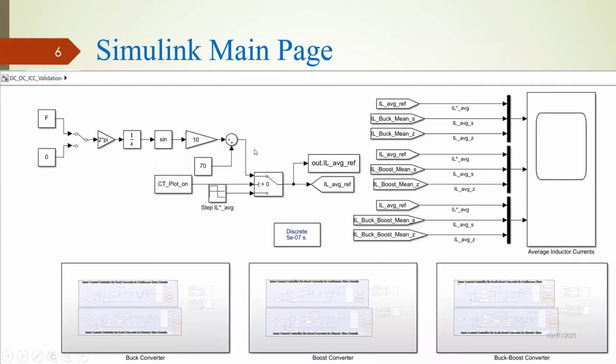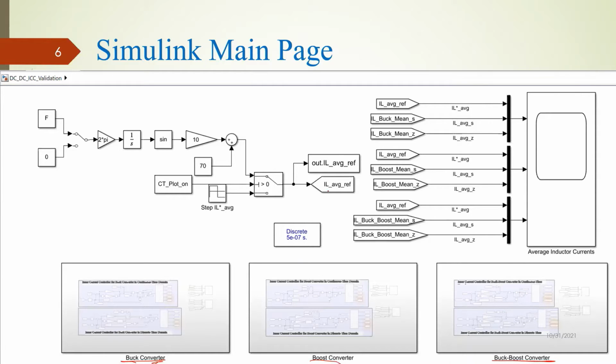Okay, so now you already saw that when we open the Simulink model, we saw this page. So here we have three converters. We would like to compare our controls for all three converters which we proposed. The first is the buck converter, the second is the boost converter, and the third is the buck boost converter.